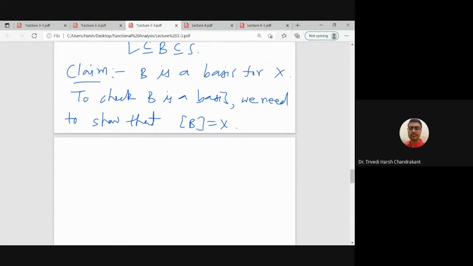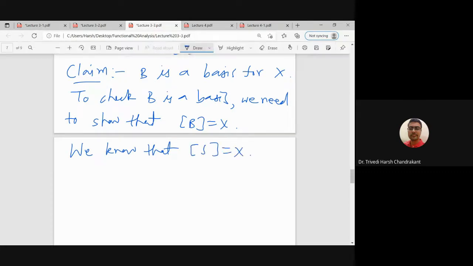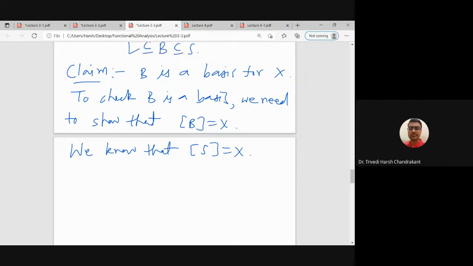So now to check this, let us assume that this is not true, right? So basically to show that span of B is X, what we know is that we have a spanning subset of X. In the statement itself, it is given that there exists a set S whose span is X.